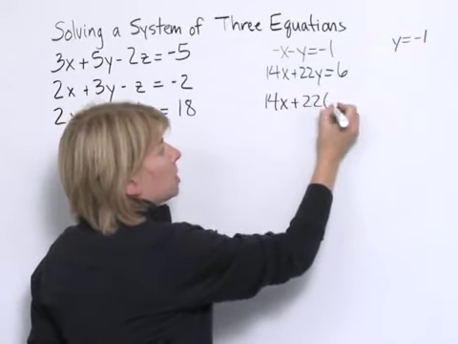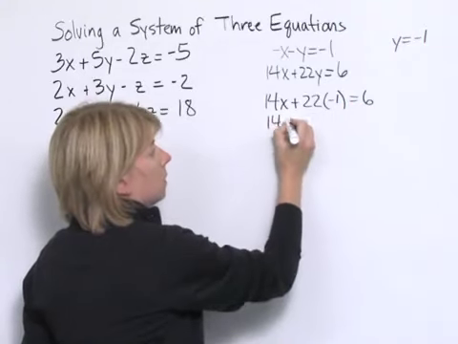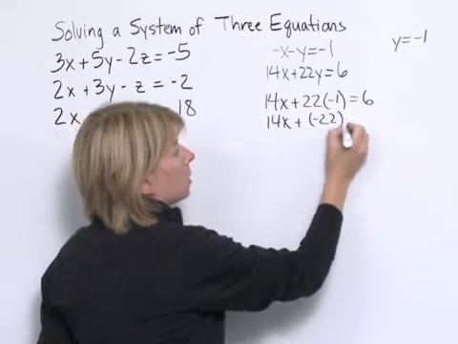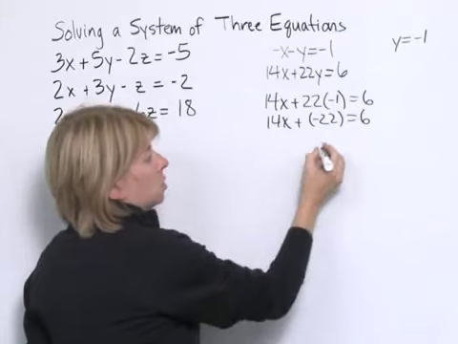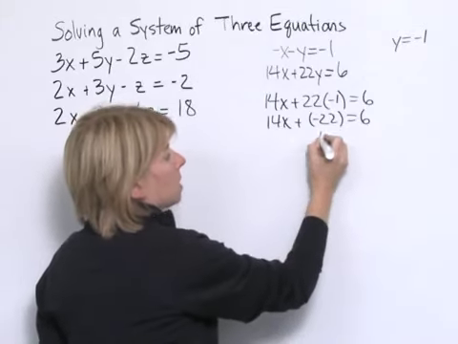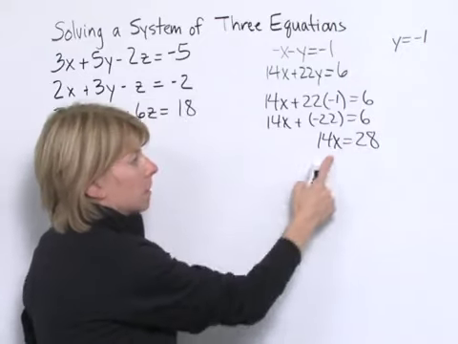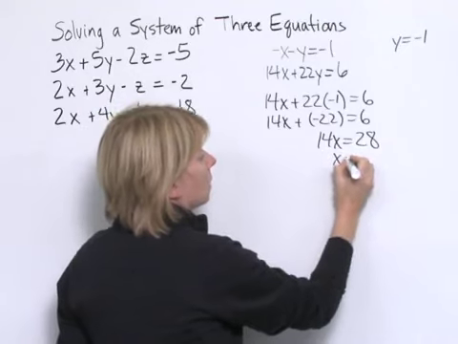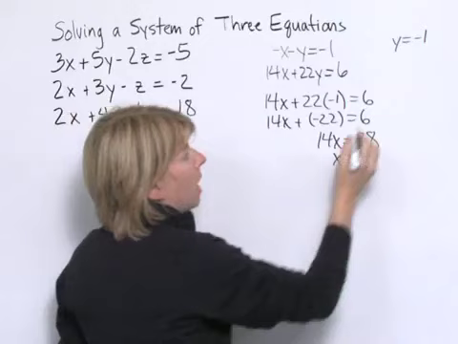So we'll have 22 times -1. 14x plus a -22 equals 6. Adding 22, we'll have 28 on the right. And then dividing by 14, we'll see that x is 2. So we have our value for y. We just found our value for x.